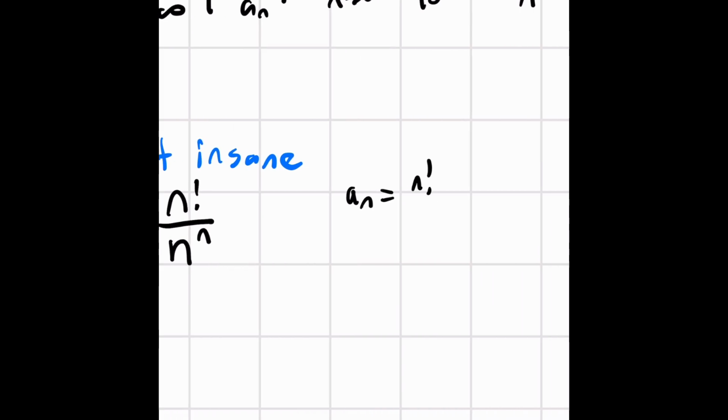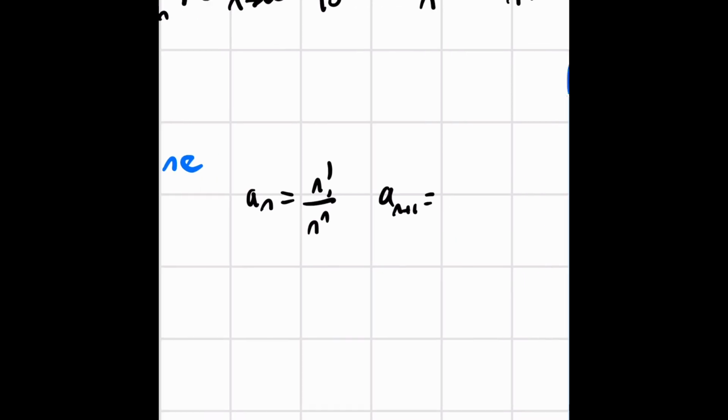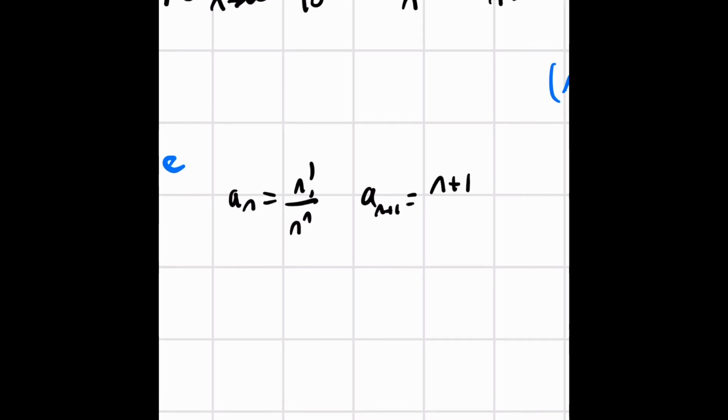That's n factorial over n to the n. And the n plus 1 term is n plus 1 factorial over n plus 1 to the n plus 1 power.